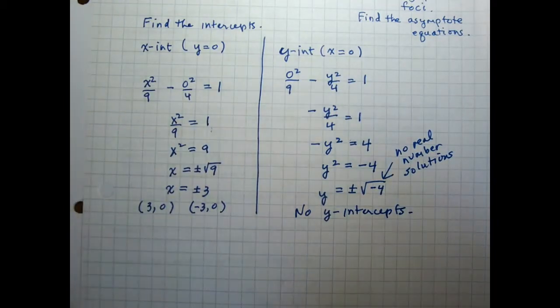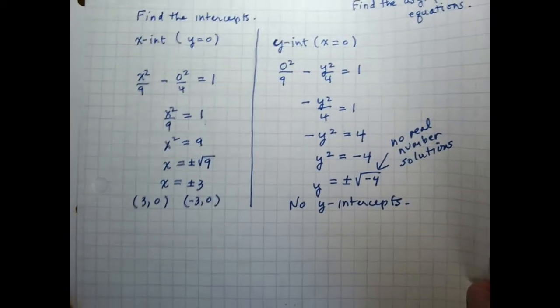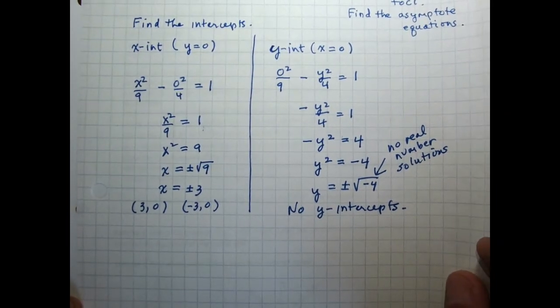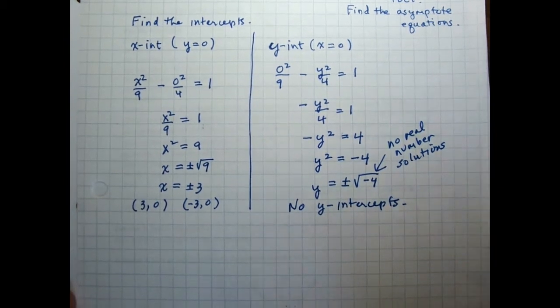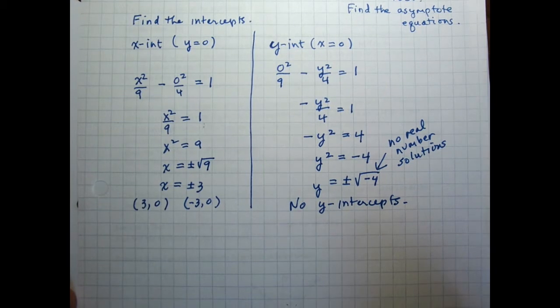But now, in order to draw the graph carefully, we need the asymptotes. And in order to graph the asymptotes, we're going to draw something called the central rectangle.